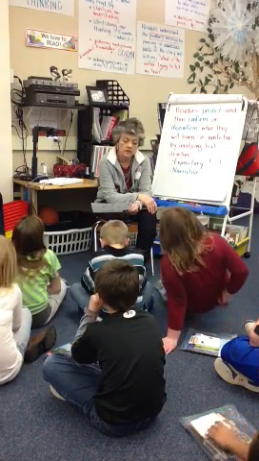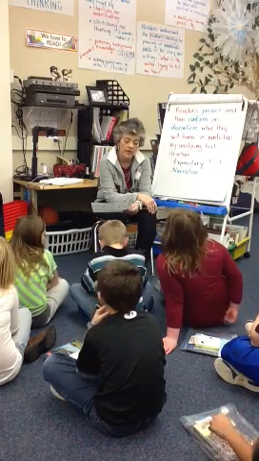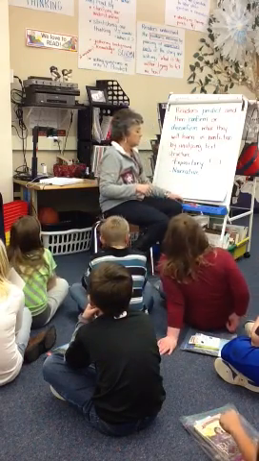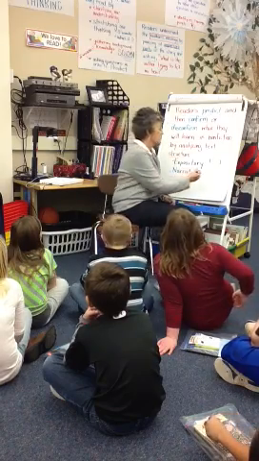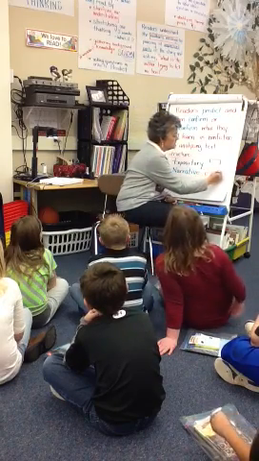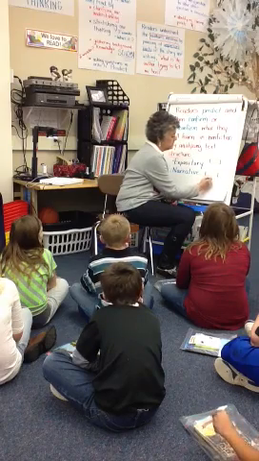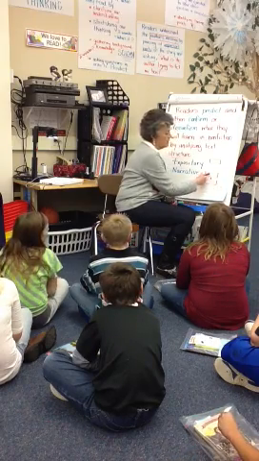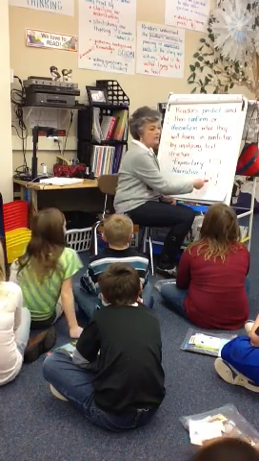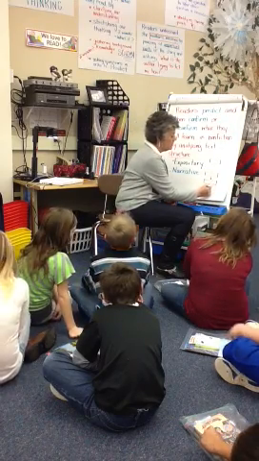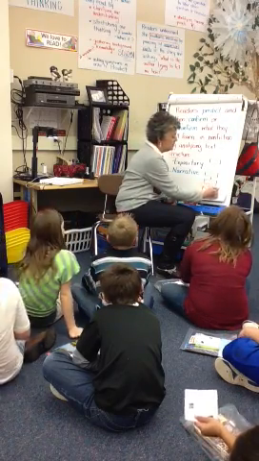So I'm thinking a structure that would work really well for narrative nonfiction is boxes and arrows. This happened, and then this happened, and then this happened, right in the order that they actually happened.